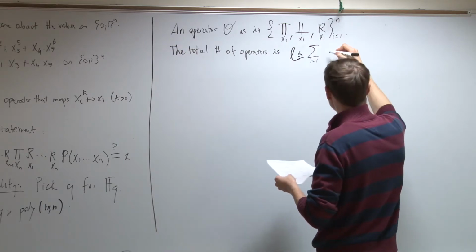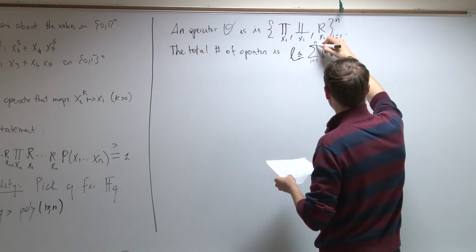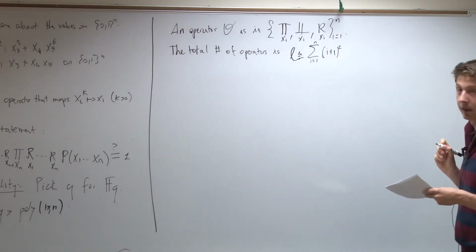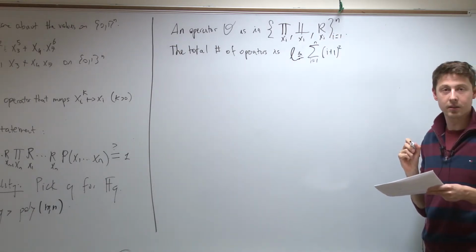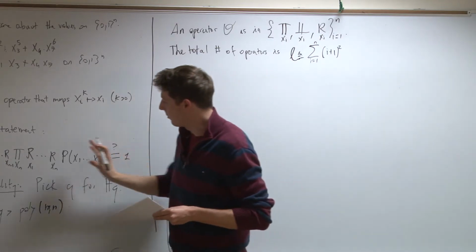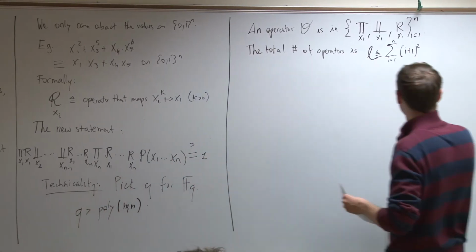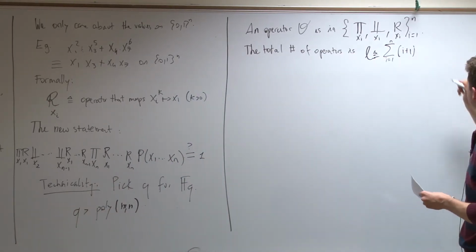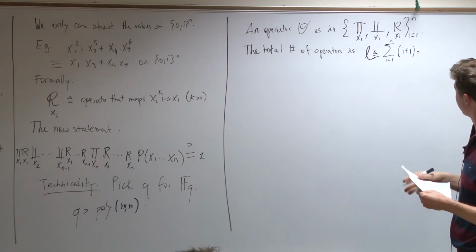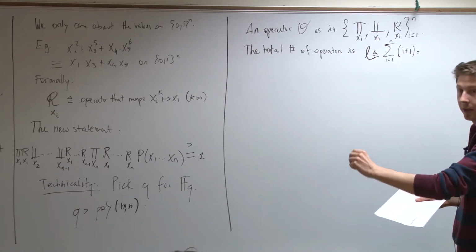The way I was counting it was like n plus 1 squared. Actually, without the square, sorry. At the very end, we have 1 and n, then 1 and n minus 1, then 1 and n minus 2.